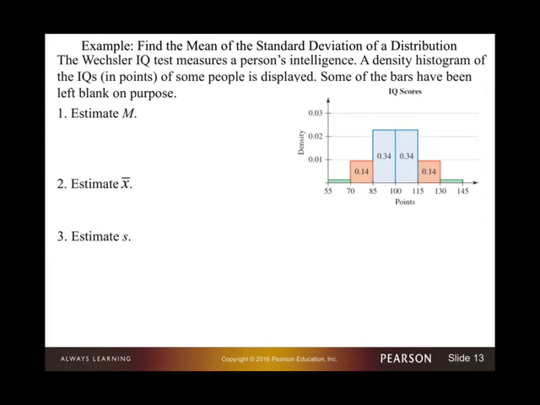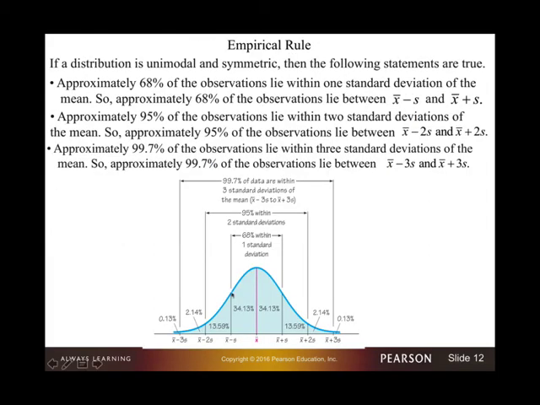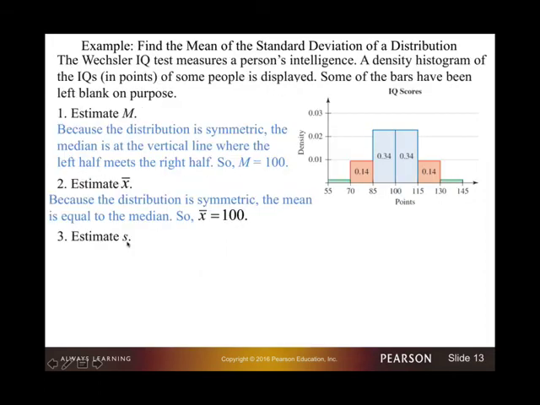Okay, so remember the picture of the empirical rule, 34 each, which is about 68%. And when we have the normal distribution, 68% of the data are within one standard deviation. So this is the mean plus one standard deviation or minus one standard deviation.